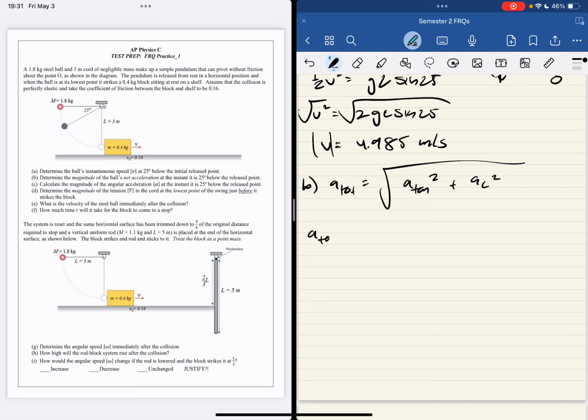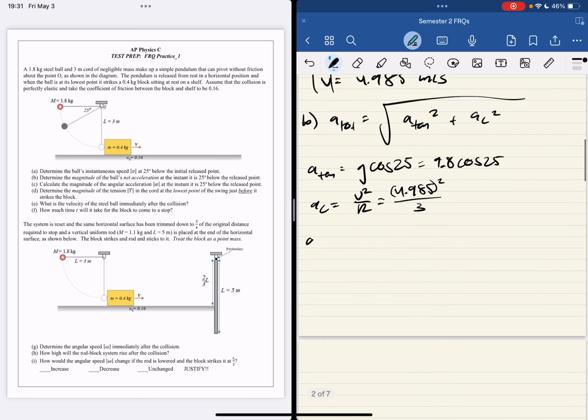So A_tan is going to equal g cosine 25, and that's going to be 9.8 cosine 25, and our A_c is going to be v squared over R. We already solved for v earlier, it was 4.985 squared, that's over 3, the length of the string.